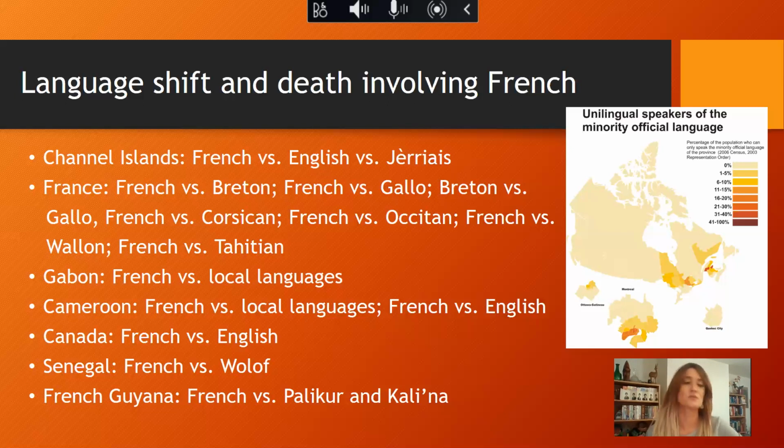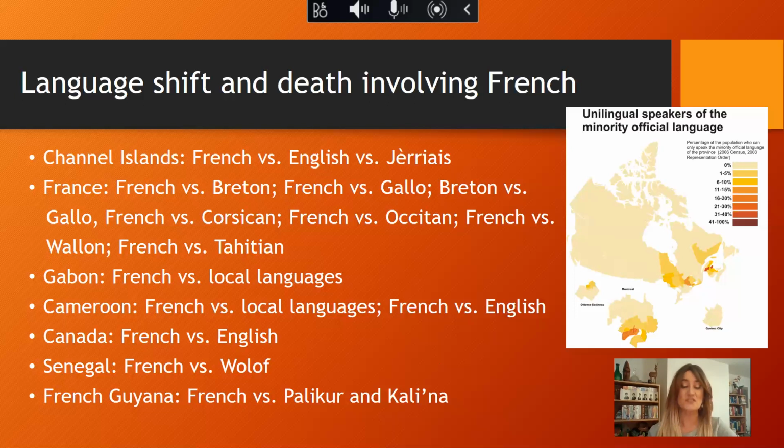conflict, if you like, with languages like Palikir and Kalina, which are indigenous languages. They're threatened by Guyanese Creole as well. And only about two thirds of people have an active knowledge of Palikir, for example, even if they are of the Palikir ethnicity. There are many semi-speakers who can't really speak it at all.